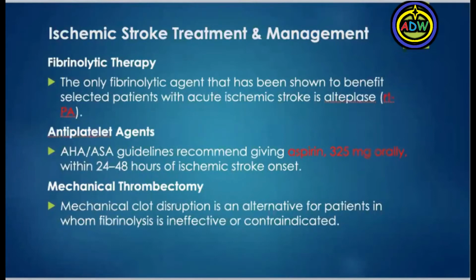We will talk about them now. Then antiplatelet agents: usually the American Heart Association and Stroke Association recommend giving aspirin, 325 mg orally, within 24-48 hours of ischemic stroke onset.